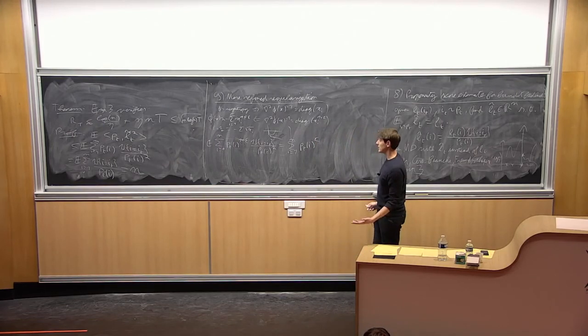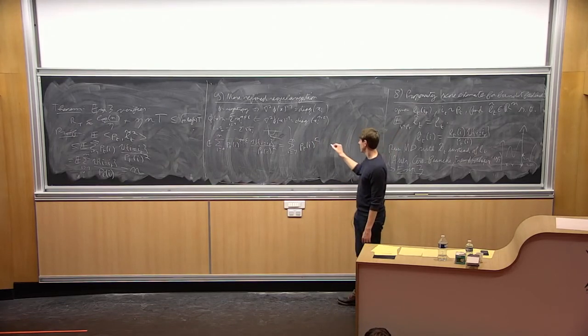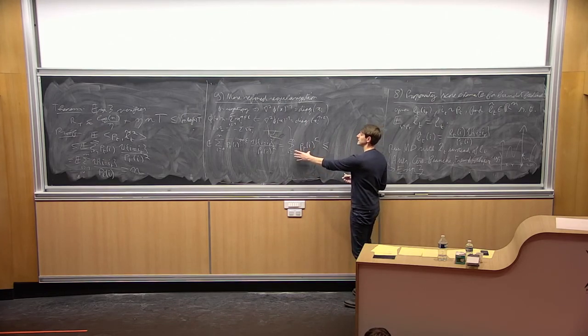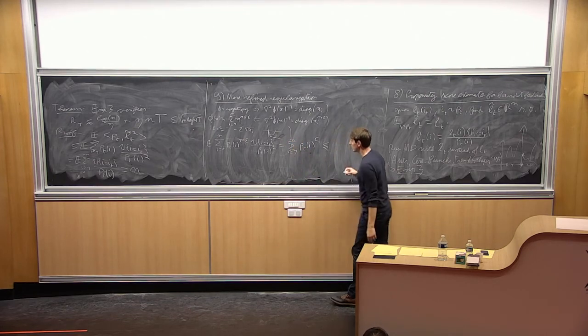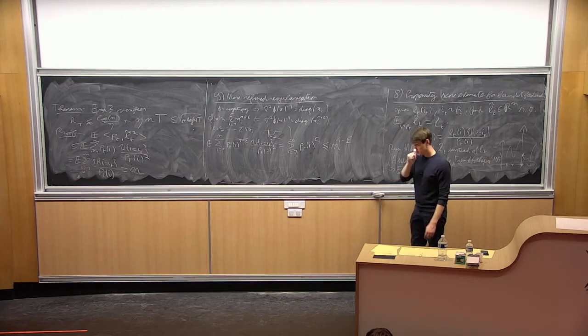Now I can just apply Hölder's inequality. I take the 1 over epsilon norm of this, meaning I take this to the power epsilon, so the other power on the sum of the 1 is going to be 1 minus epsilon. I don't know how you prefer to see Hölder, but in the end this is just bounded by n to the 1 minus epsilon.